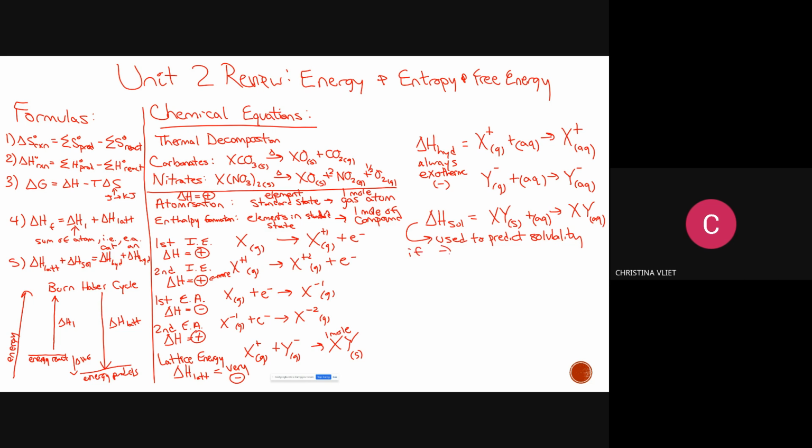If negative or only slightly positive, it's soluble. If it's more positive, the increase in positive means decrease in solubility. So the more positive the value is, the less soluble your salt will be. Because oftentimes you have to track trends: is this one more soluble or is that one more soluble? The more positive the delta H solution, the less soluble.